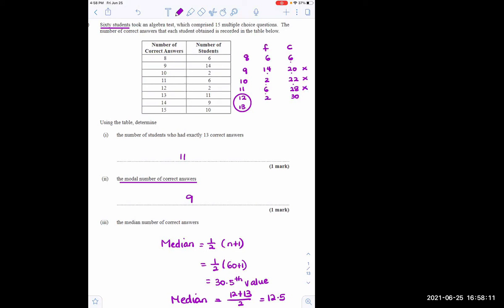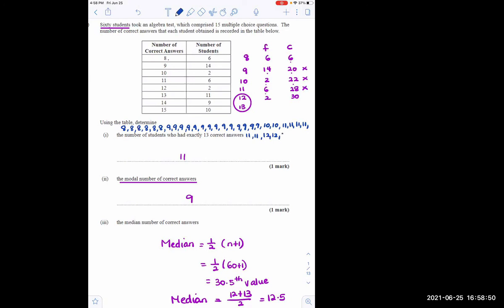Another way of doing it is to list the numbers. 8 occurs 6 times: 1, 2, 3, 4, 5, 6. 9 occurs 14 times. 10 occurs twice. 11 occurs 6 times. 12 occurs 2 times.